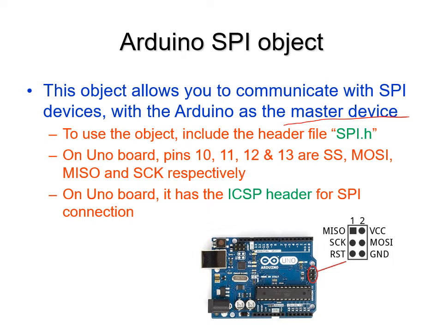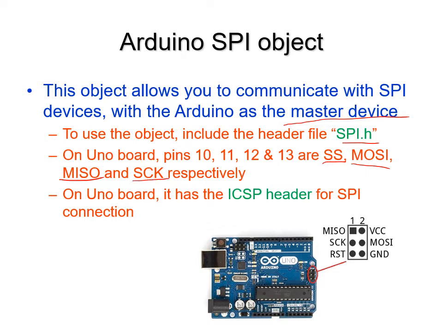Now, when using the object, you should include the library by putting the header file spi.h in your sketch file. And remember, we have already told you, on Arduino pins 10, 11, 12, 13: slave select, MOSI means master output slave input pin, MISO means master input slave output pin, and SCK means the clock.